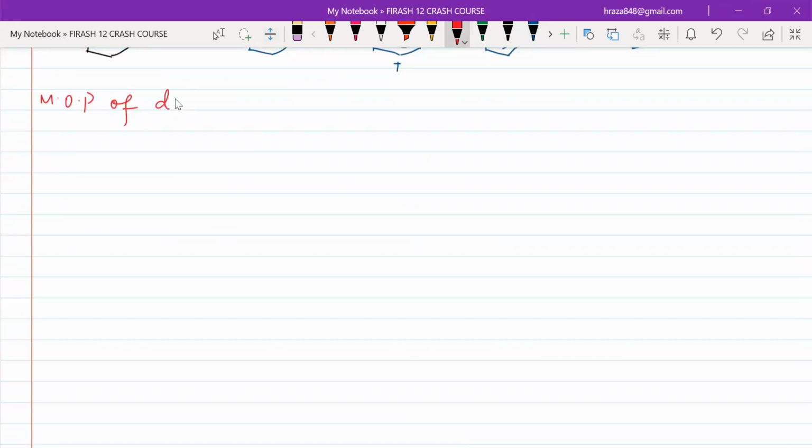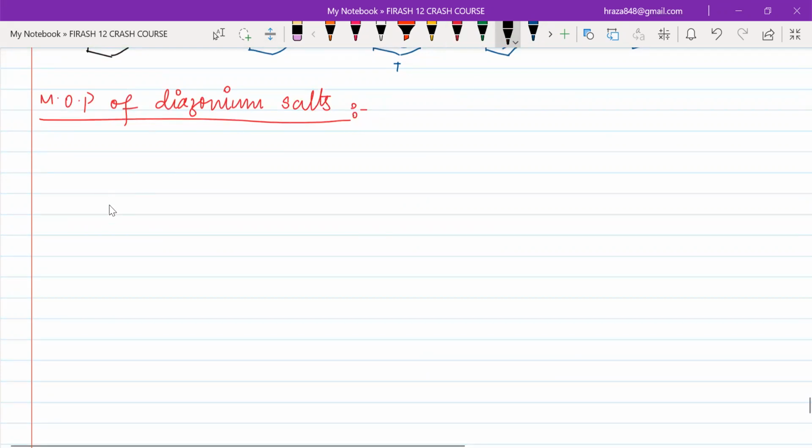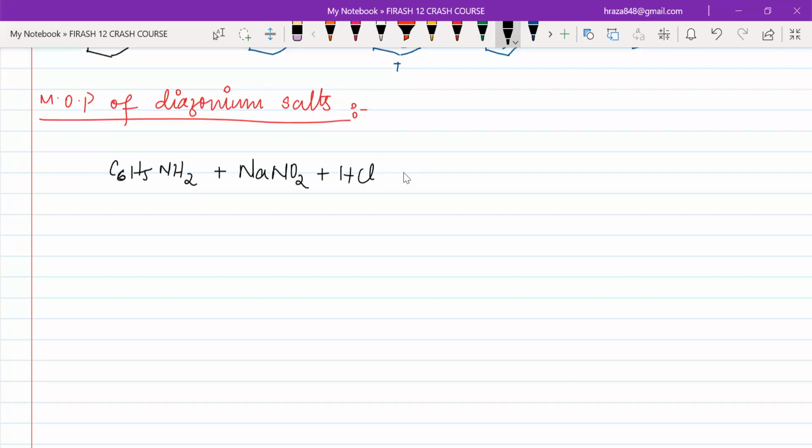Here it is C6H5NH2, and if you react this with nitrous acid at low temperature, you will get diazonium chloride along with the byproduct.